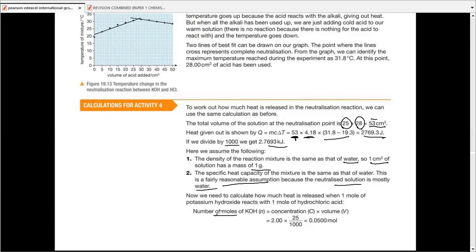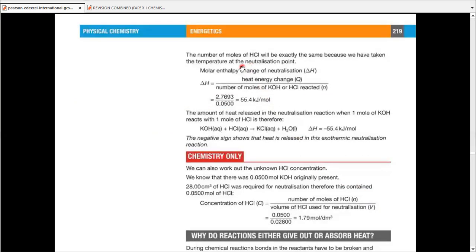Now, the number of moles of KOH is concentration times volume. The concentration was 2 moles per decimeter cube. The volume was 25 cubic centimeter divided by 1,000, and you get the number of moles of KOH used. Moving on, the number of moles of HCl will be exactly the same since the temperature was taken at the neutralization point.